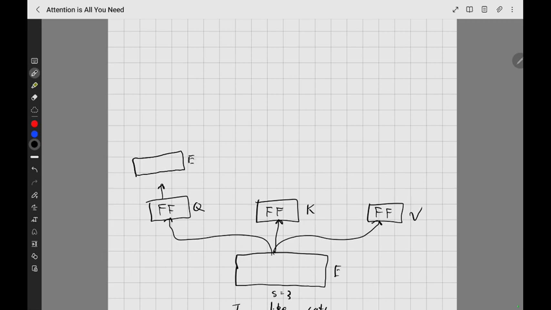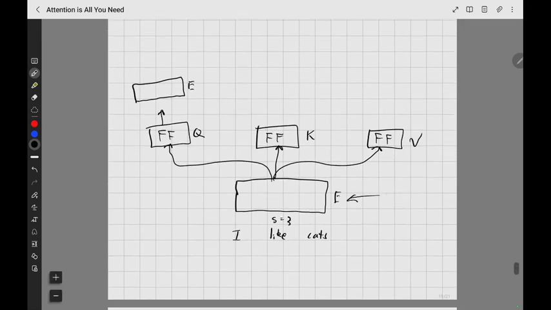Is E two-dimensional? E can be anything. It doesn't matter. It would be some vector size for each of these, and I'm stacking them up like this.